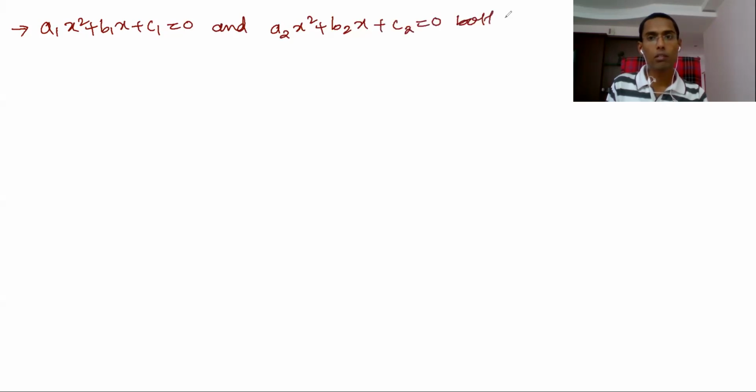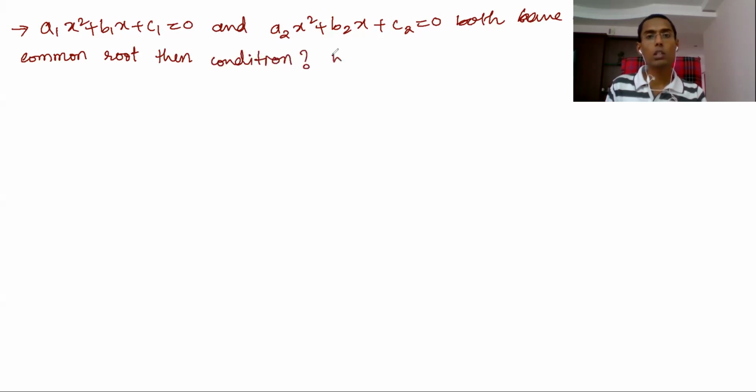Both have a common root, then what is the condition? Here one thing is you have to find the condition, another is what that common root is. In previous videos, in one problem, I explained this.